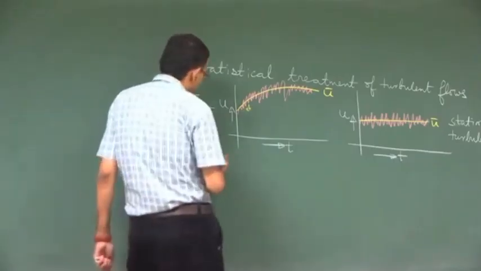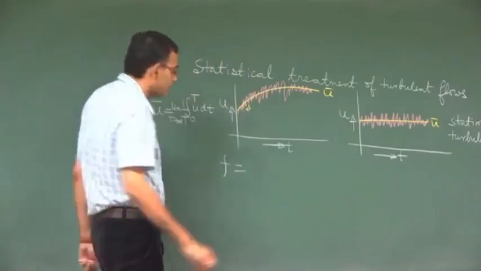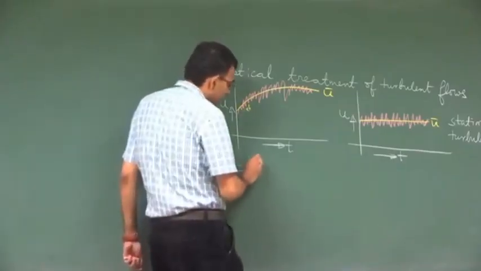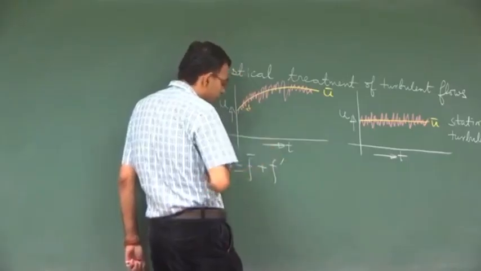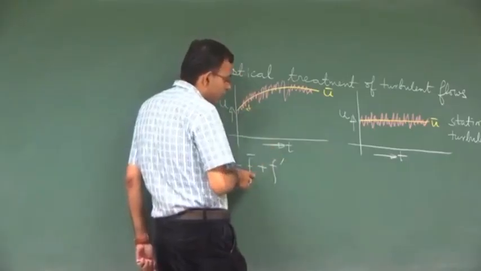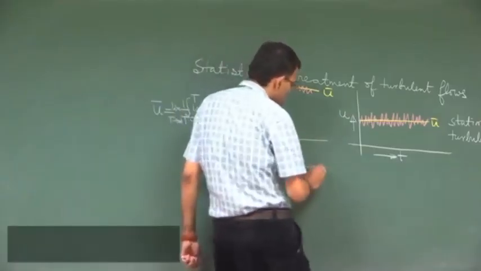Then if you have a function f which may be u, v, w, p, whatever, it can be resolved in terms of average and the fluctuation. The difference between u and u bar, for example, is u prime. This is called Reynolds decomposition.